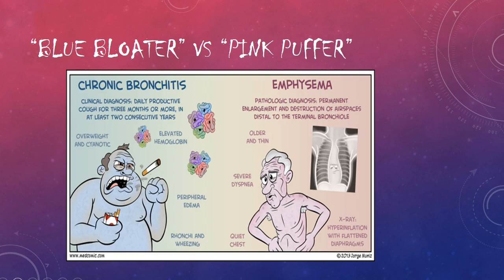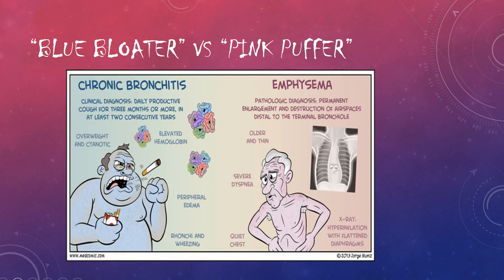They have a hyperinflated diaphragm, they have a barrel chest, and they tend to be older and much more thin, because they get so short of breath that they are not able to really eat very well. The shortness of breath causes them to be malnourished because that expends a lot of calories and they can't consume a lot of calories.